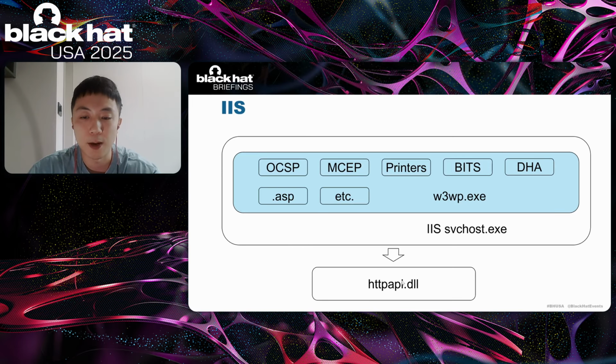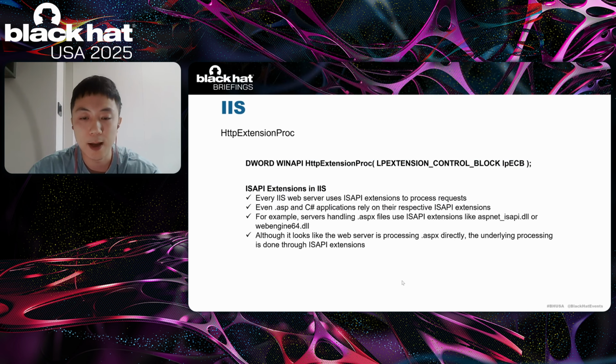Finally, let's talk about IIS. IIS is a framework, and it itself is also a service built on top of HTTP APIs. IIS provides a basic framework for some web services, helping them handle receiving and responding to requests. Web services only need to process data through IIS API extensions.